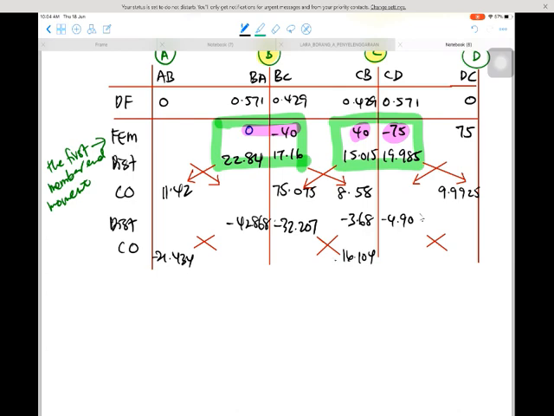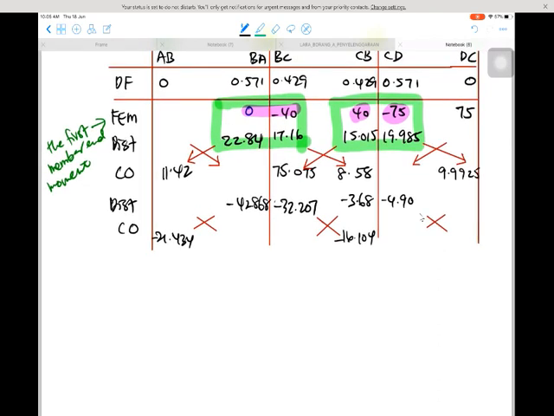Distribution we change the sign, but carry over we remain the sign. Means that if 42 is negative, after carry over it remains negative 21.434. Negative 32.207 after carry over is negative 16.104. Same goes to 3.68 divided by 2, it is negative 1.84, and negative 4.9 divided by 2 is negative 2.45.